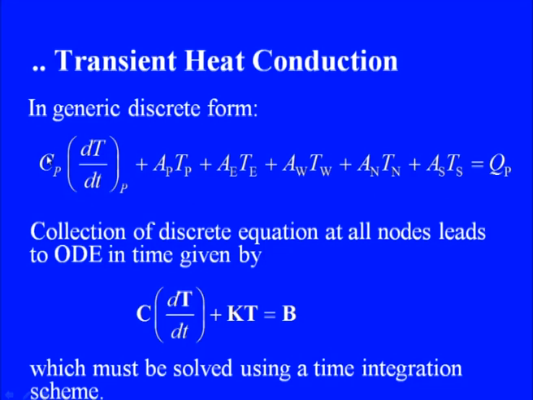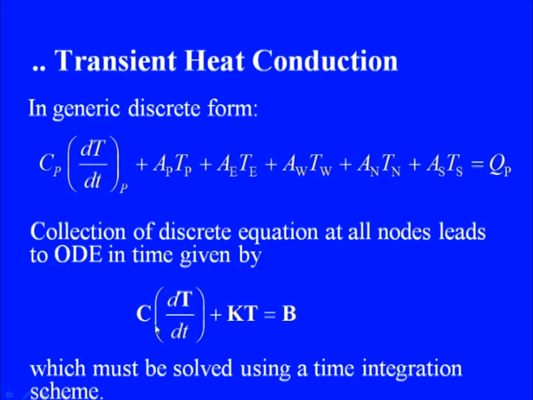Now if you collect such discrete equations at all nodes, in this case we will get an ordinary differential equation in time. All these C coefficients will be combined in the matrix C, and this capital C matrix is basically a diagonal matrix. So capital C times d bold T by dt plus capital K times T is equal to B. Now bold capital T is a vector of the temperature values at all the grid points, and capital B denotes what we call the load vector.